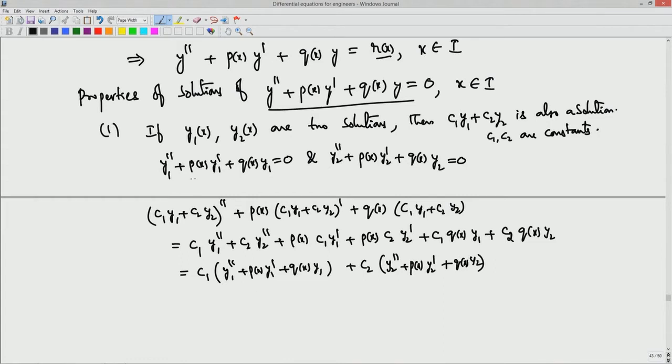We know that each of these is 0 because y1 and y2 are solutions of the equation. So that makes it completely 0.